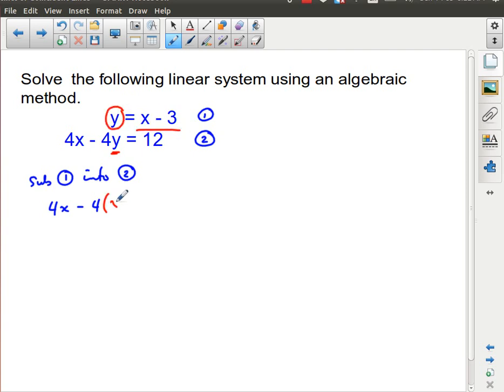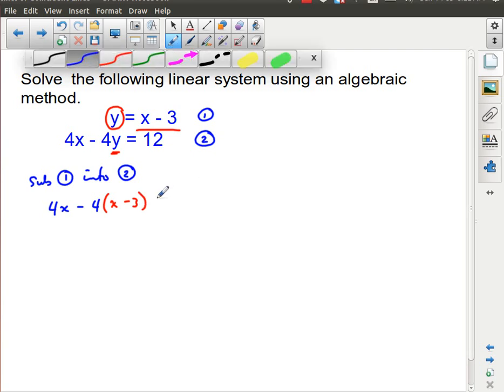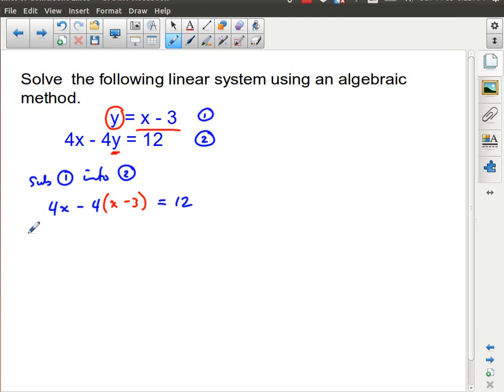So I put x minus 3 here, and that is equal to 12. Now expand this out. Negative 4 times x is negative 4x. Negative 4 times negative 3 is plus 12, and that's equal to 12. 4x minus 4x is equal to 0.